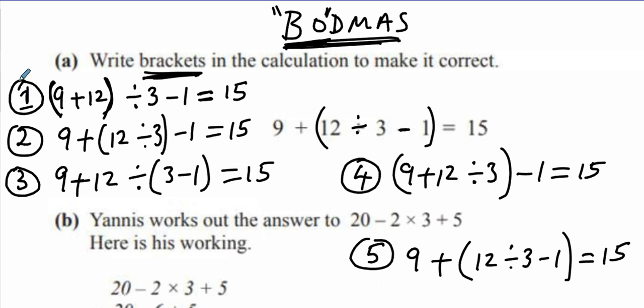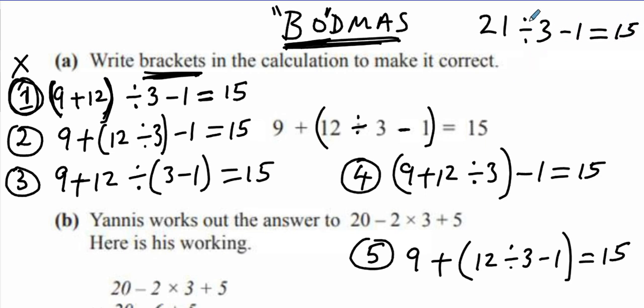So the first possibility is giving us a wrong answer. Suppose we want to use the concept of BODMAS without using a calculator. How do we do that? First, we start with brackets. 9 plus 12 is 21. Then 21 divided by 3 minus 1. Do I get 15?